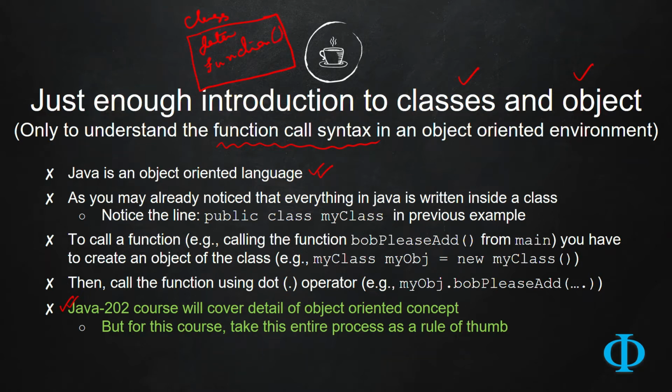This class basically creates the blueprint of the program, because as you can understand here, all the functions are defined, all the data are defined, and all you need to do is use this data and call these functions to write your program.